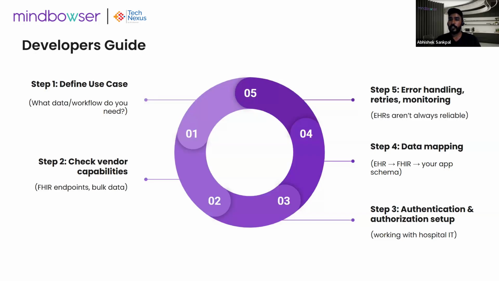The fourth point is data mapping. Suppose we have a patient app, and we might get data from different sources, like labs and different kinds of EMRs or EHRs. They might all have different data standards. Labs might provide us HL7 v2, some EHRs will provide FHIR, or sometimes they will also provide CDA.